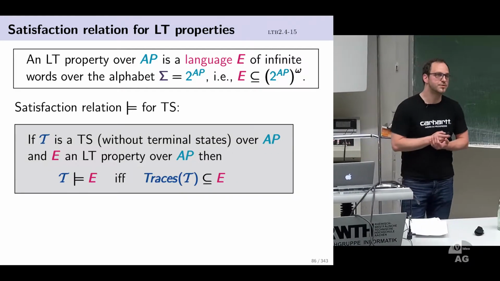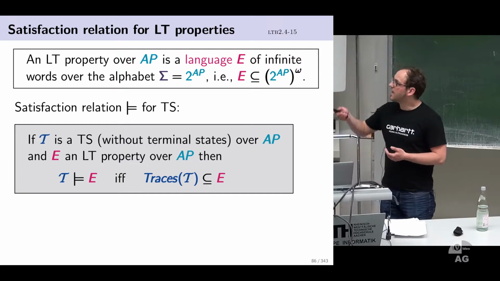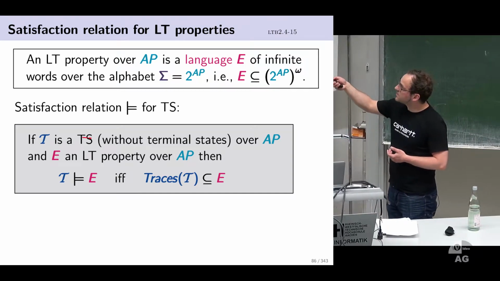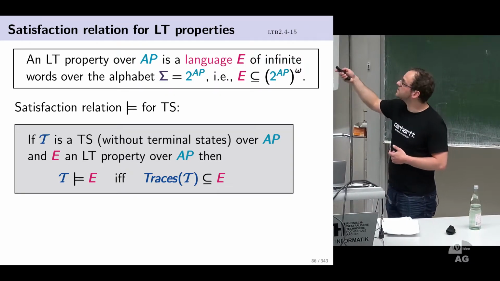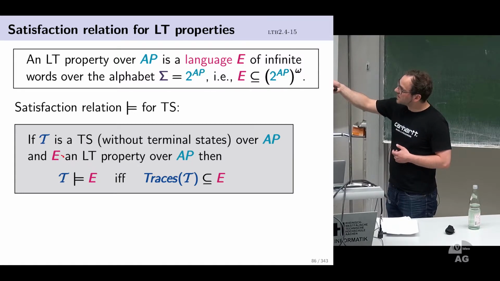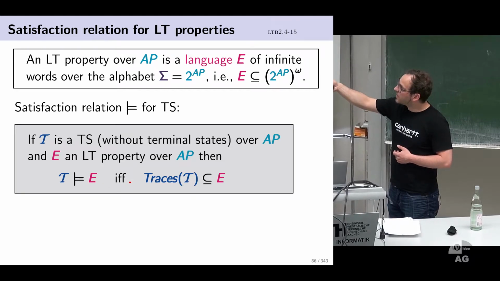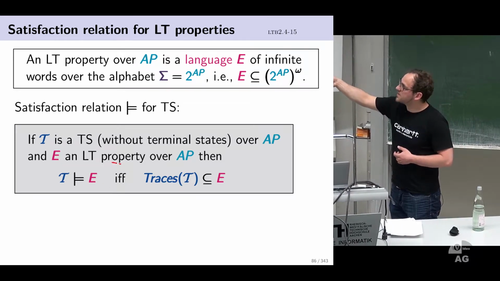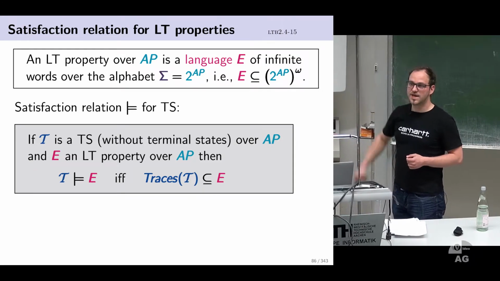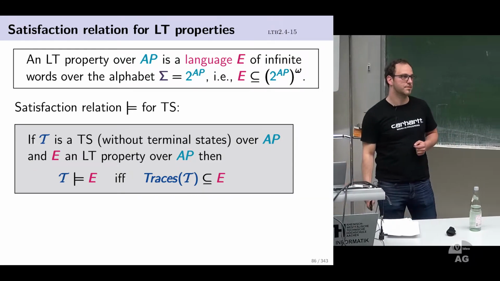And how are we going to do this? Well, we say that a transition system T without terminal states satisfies an LT property E, which we write like this, if and only if all the traces from the transition system T are contained in the linear time property.